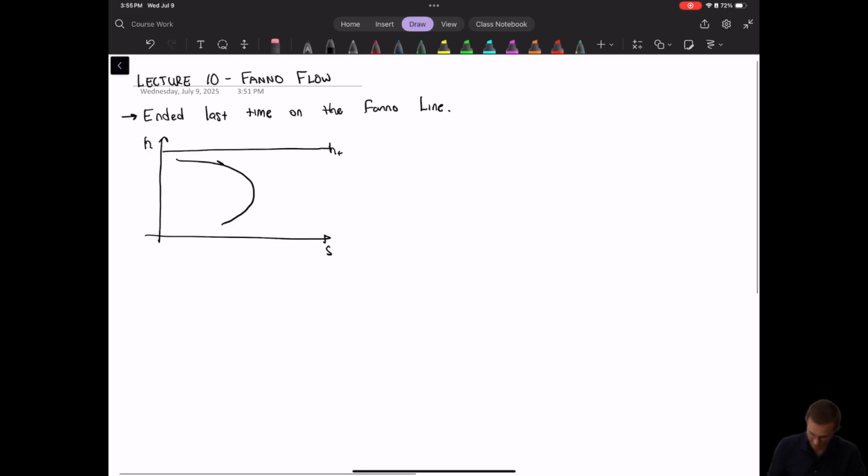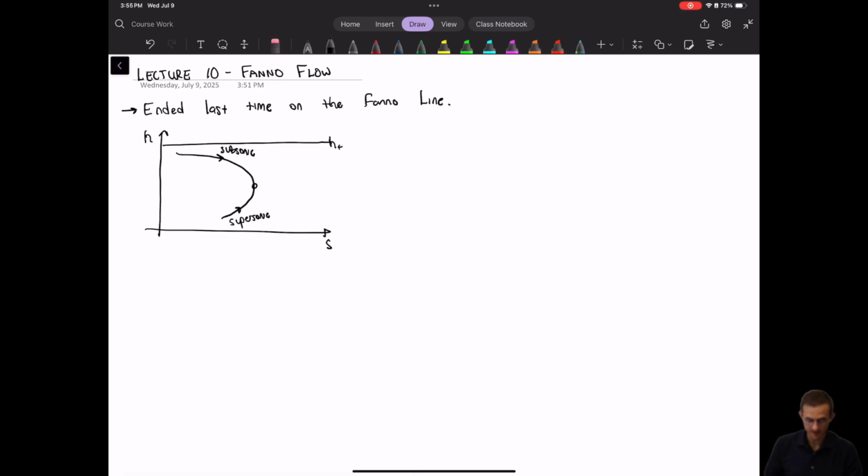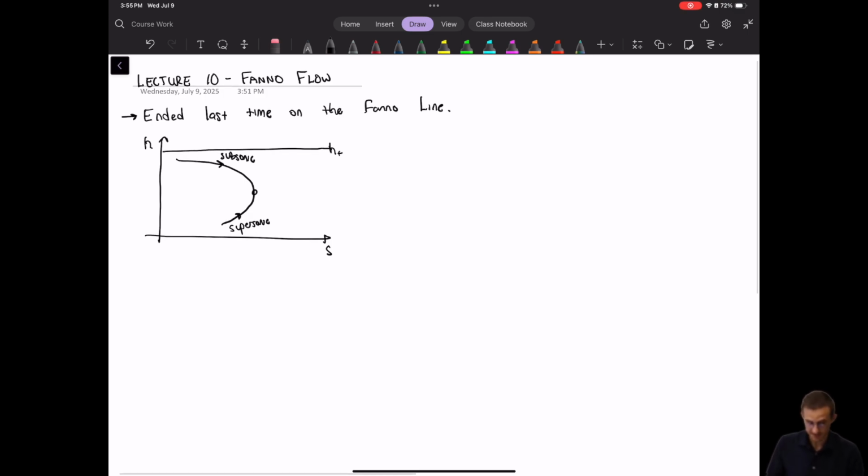And we had two branches, one upper branch and one lower branch. The lower branch was supersonic, and the upper branch was subsonic. And we showed, really just through the way that friction operates in terms of generating entropy as the flow proceeds, that the point on the right is a limiting point.